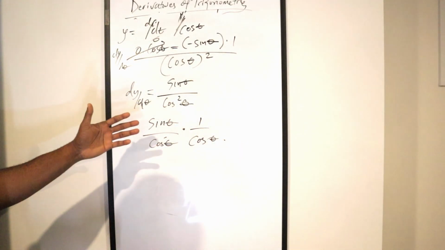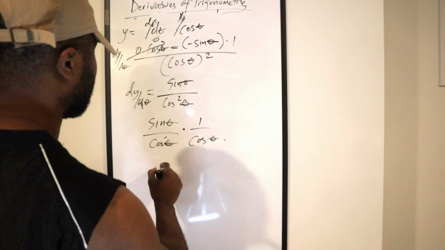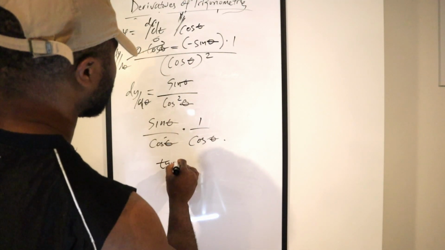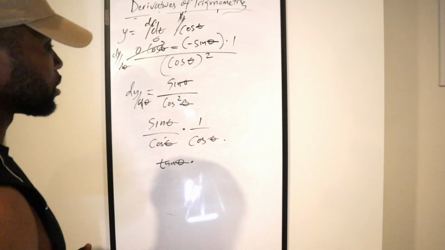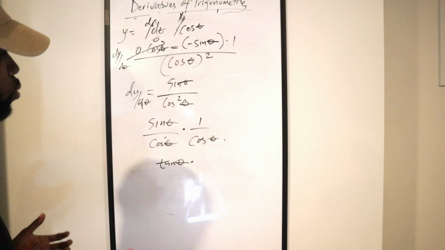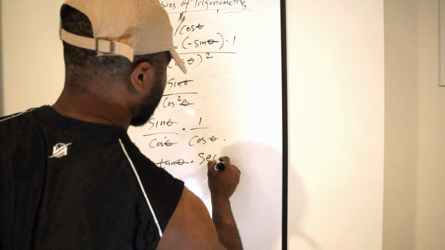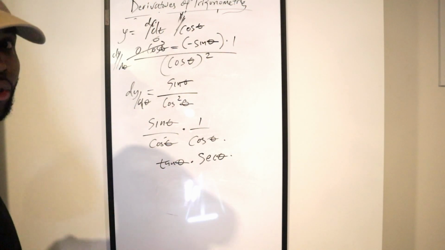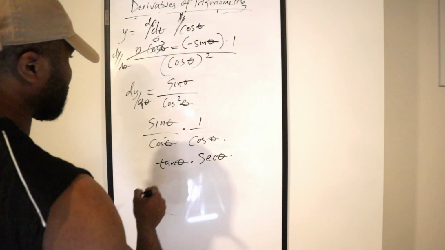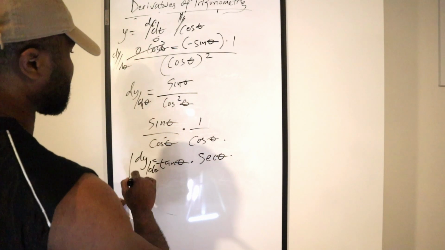So sine theta over cos theta is equal to tan theta, times 1 over cos theta, which is what? Sec theta. So this is your answer. This is how to solve this kind of problem. So your dy over d theta is equal to this.